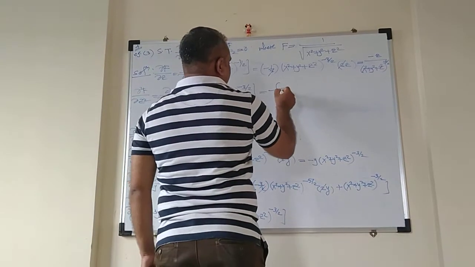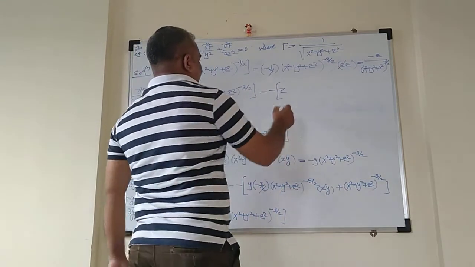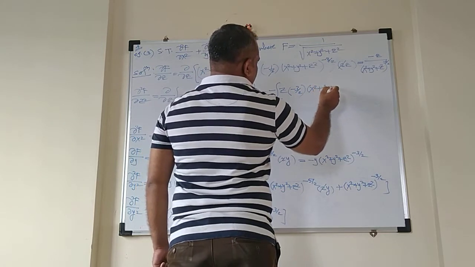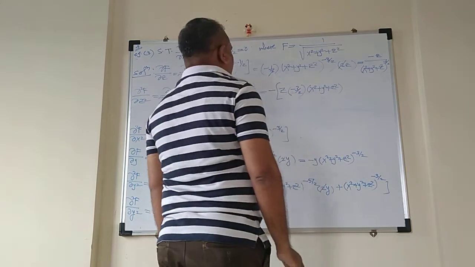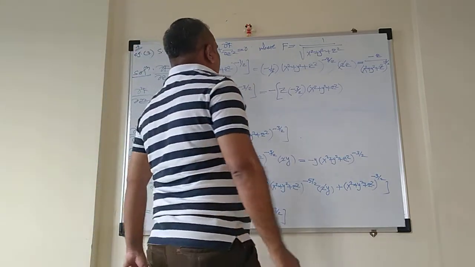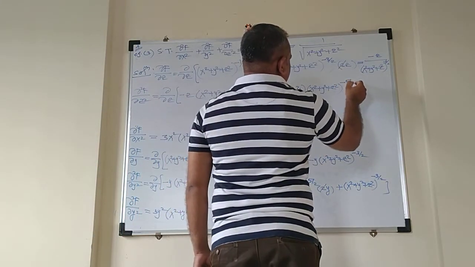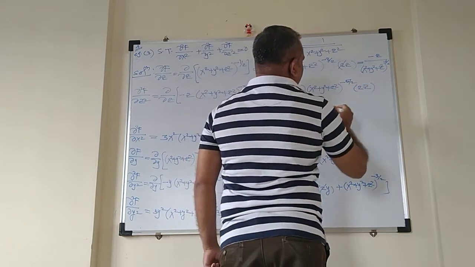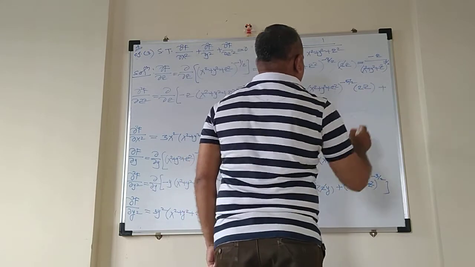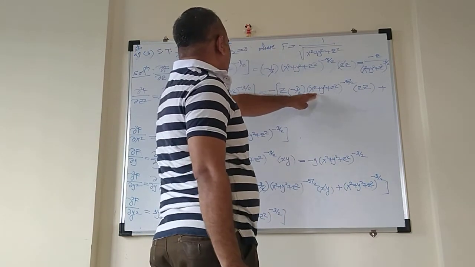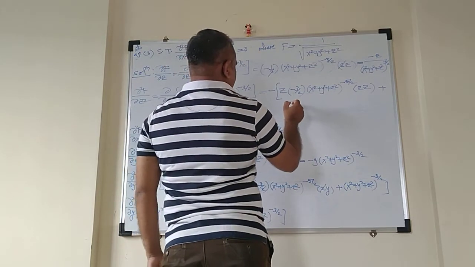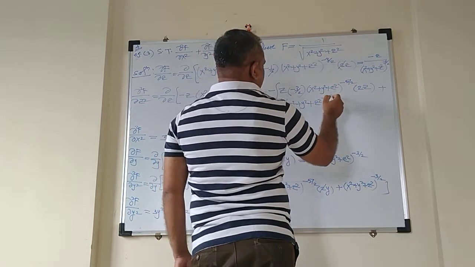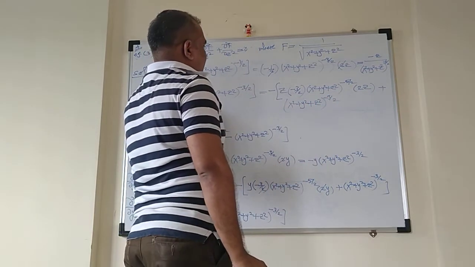First function as it is into differentiation of the second function, which will be minus 3 by 2 into (x square plus y square plus z square) raised to power minus 3 by 2 minus 1, which will be minus 5 by 2, into differentiation of this with respect to z, which will be 2z, plus first function into differentiation of second is over, plus second function as it is into differentiation of the first function, which is 1.